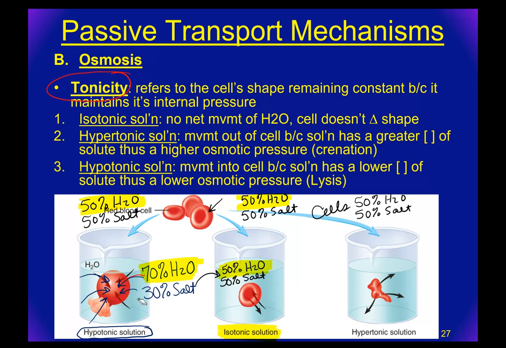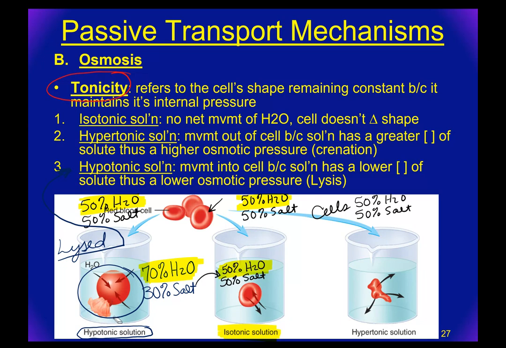When you're not, though, the water rushes into your cell until it overinflates like a balloon, and eventually it can actually split. It can actually explode. When that happens, we say that the cell has lysed, which you can see in number 3 up here. Lysis is when your cell basically ruptures because you overfilled it.